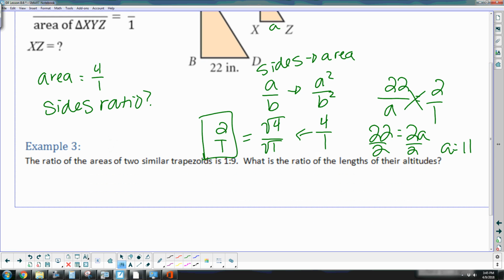Then in this last example, the ratio of the areas of two similar trapezoids is 1 to 9. So again, we have areas 1 to 9, and we want to know the ratio of the lengths of their altitudes, another corresponding part.